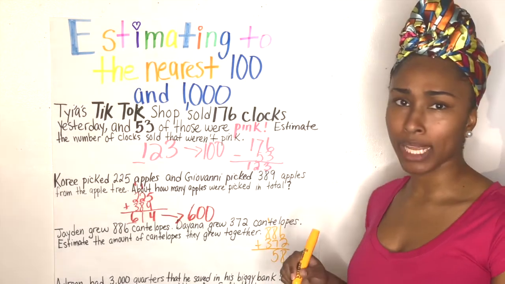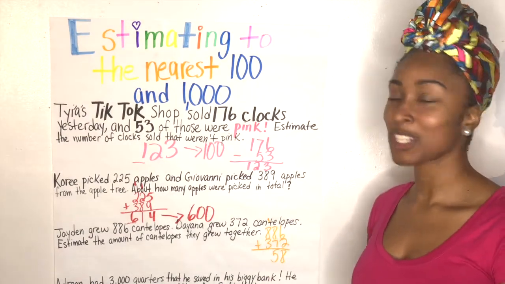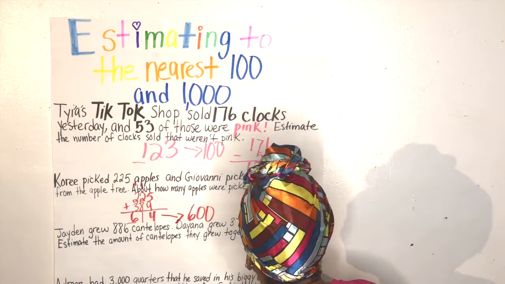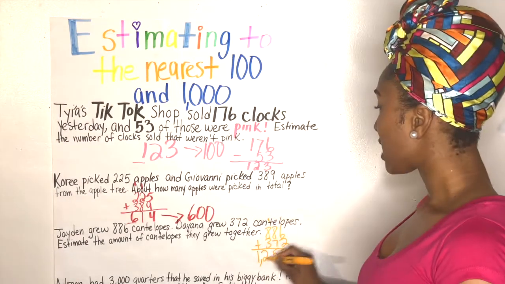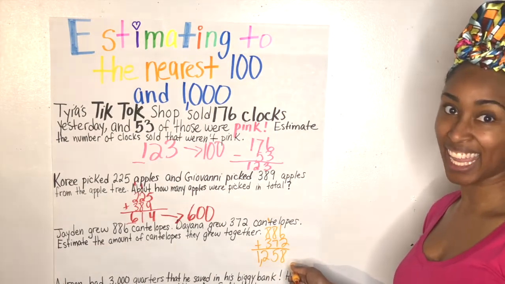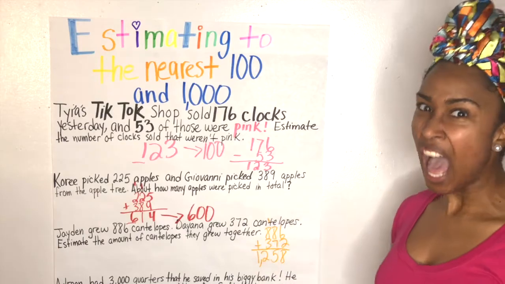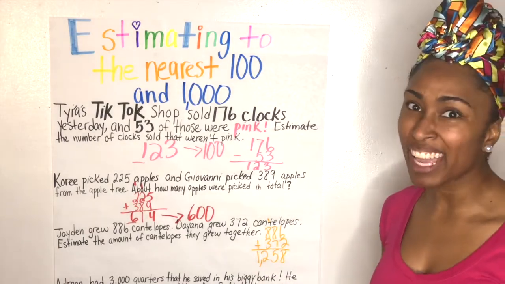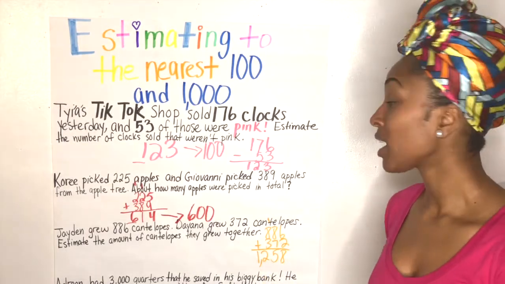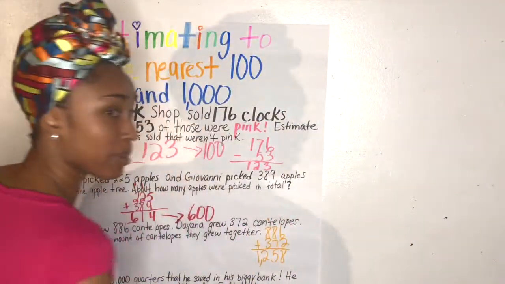Now 8 plus 1 is 9. 9 plus 3 is 12. All right. So we know that they grew 1,258 cantaloupes. But if I want to estimate that, I didn't tell you about how many. Remember, when I estimate, it's not the exact number. I'm just going to round to give you an estimate. So now I'm going to write the number again over here.